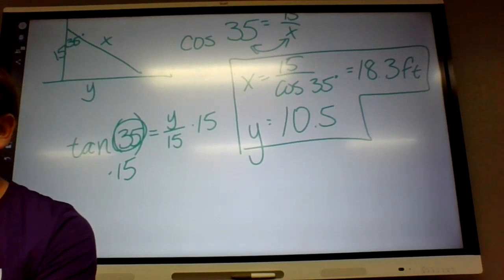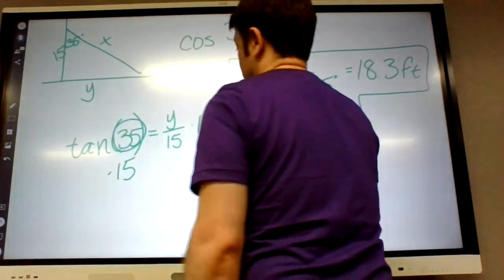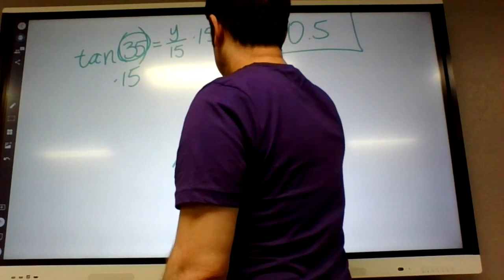Then once we got the 25.7, how did we find angle PBM yesterday? You do 90 minus 25.7.